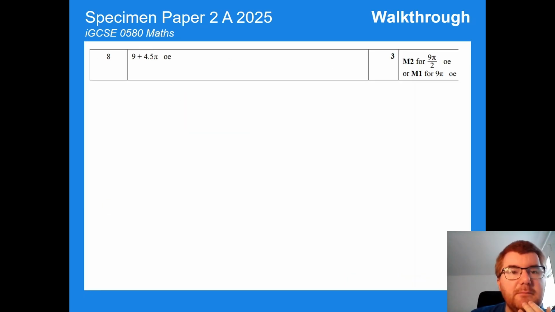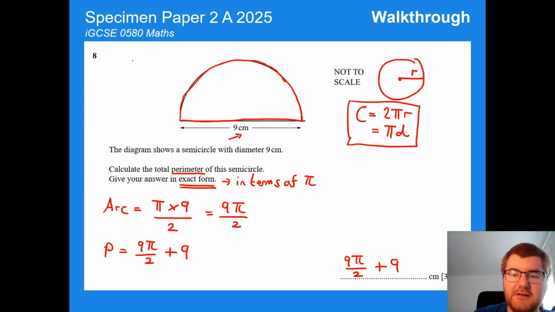Notice they've written 9 plus 4.5 pi. Again, notice that is perfectly fine. Equivalent, 9 pi over 2 is the same thing as 4.5 pi. You will not lose a mark for that. Notice you get 2 marks for writing 9 pi over 2, and you get the 3rd mark for adding in that 9 too. Notice you can write these both ways round. Addition works both ways round.